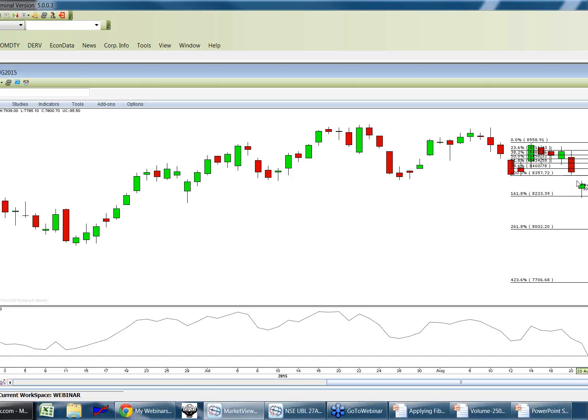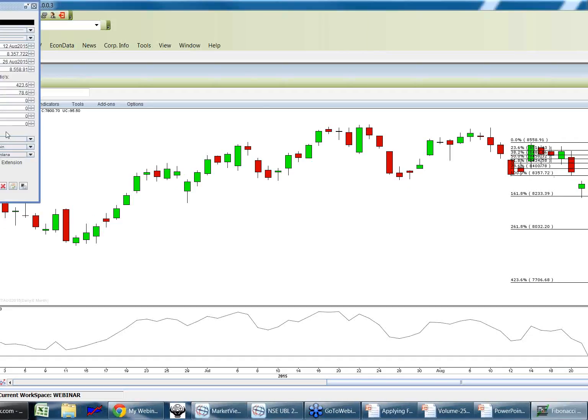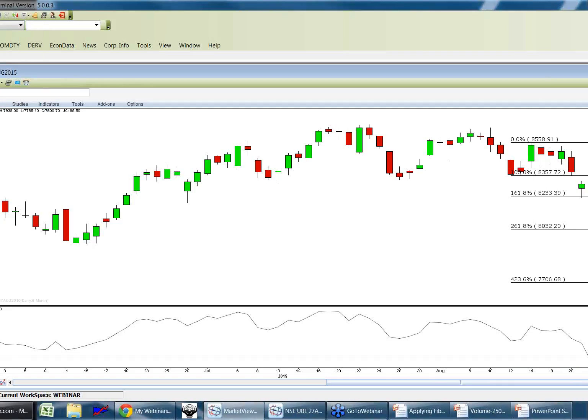So here, as prices broke down, you can see that around 8330, 8350 was a value area which was held for more than 2 months, and now it eventually broke down. So when this happens, you will have to take the reaction swing of the most recent one. You can see here the most recent one from 8357 to 8558. It actually gives you a good perspective of where the Nifty has headed.